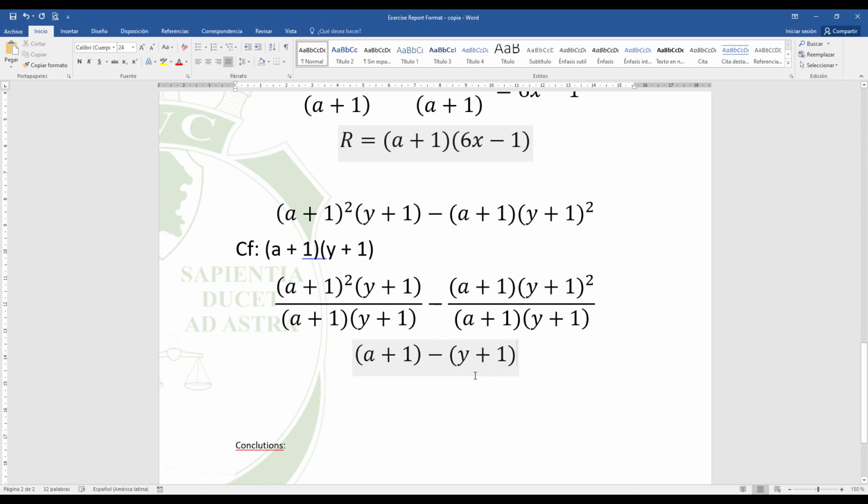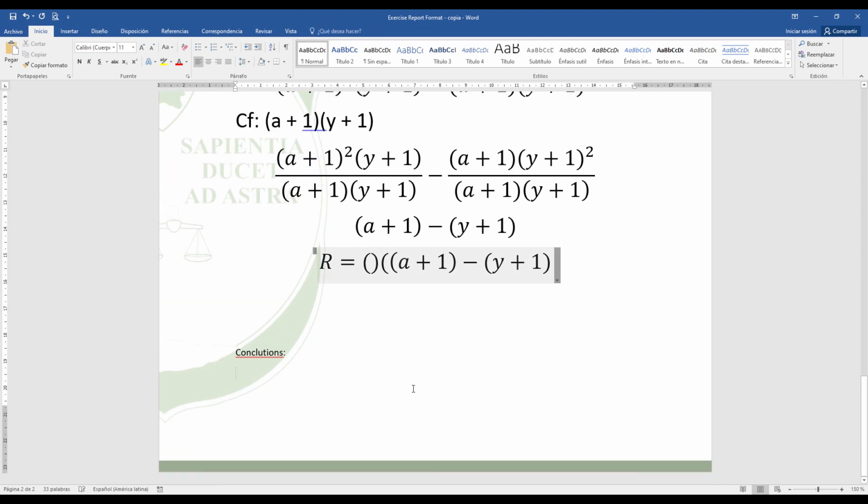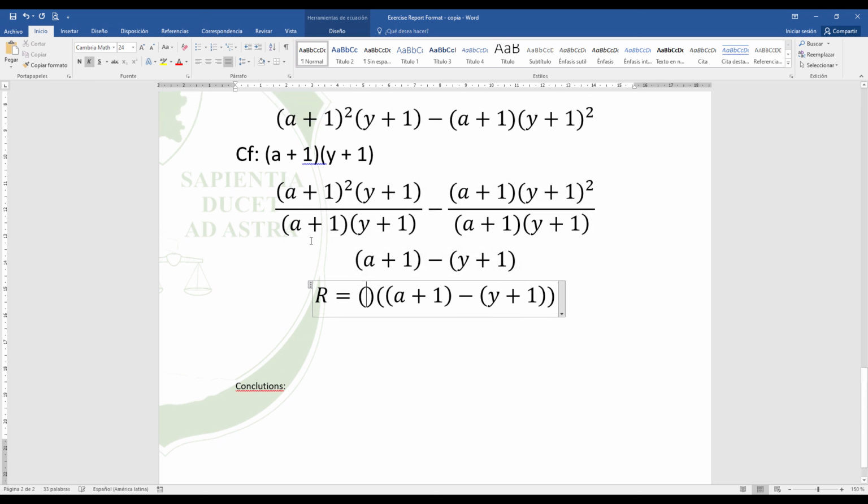Okay, so here, this is the result of that division. If you remember, you need to multiply the common factor by the result of that division.